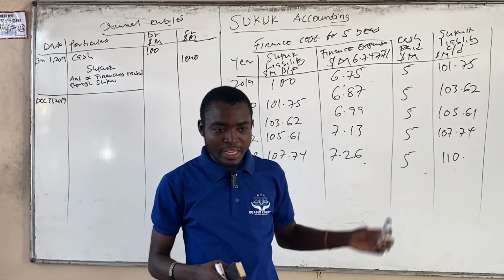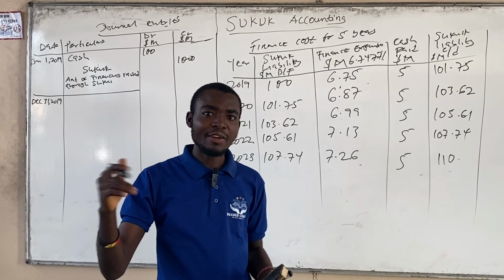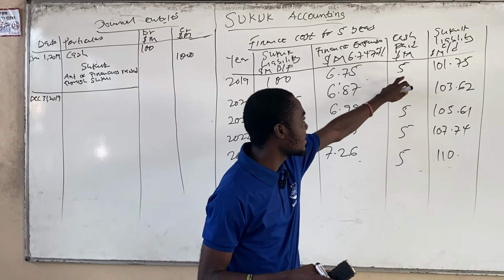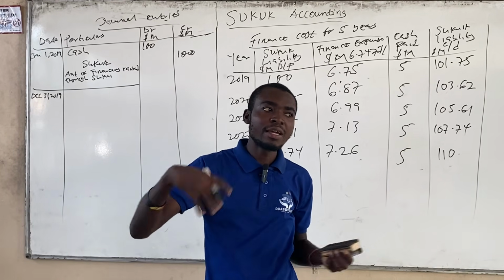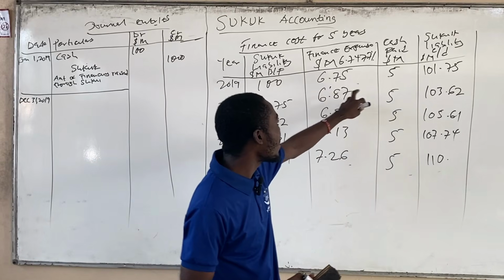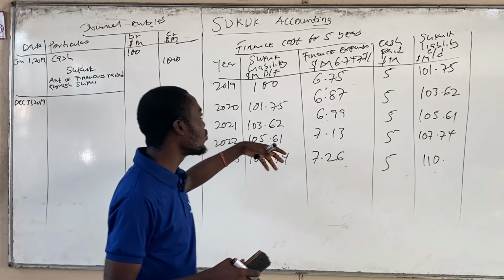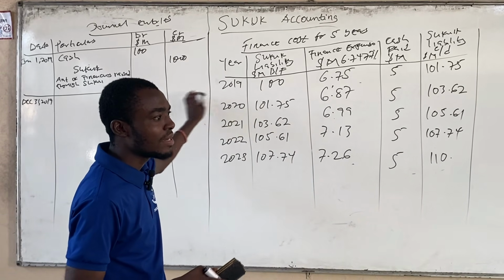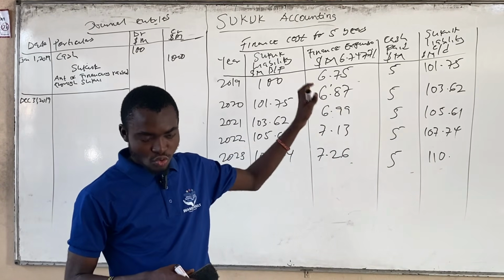So first, you debit the finance expenses account and then credit your cash account. And after that, since the difference between the 6.75 and the 5 million cash that the originator paid increases the liability, the amount of money that the originator is owing the Sukuk holder, you add the difference, which is 1.75, to the Sukuk amount. So the double entry will be you debit finance expense account and then credit your cash account and then credit the Sukuk account as well.